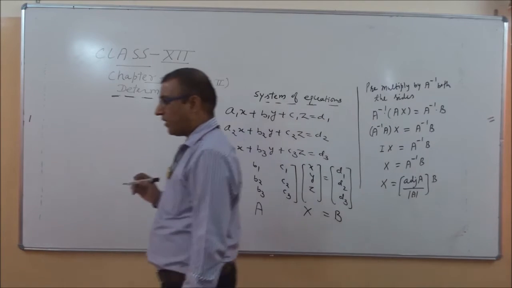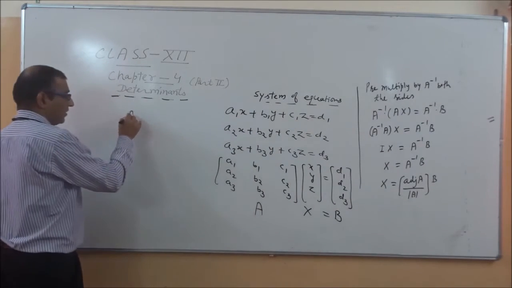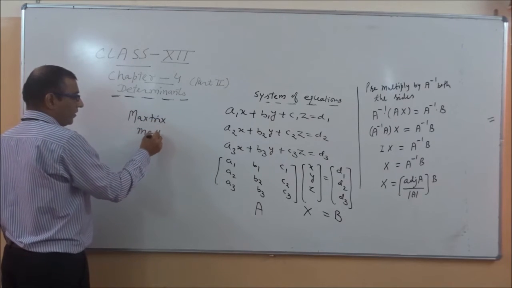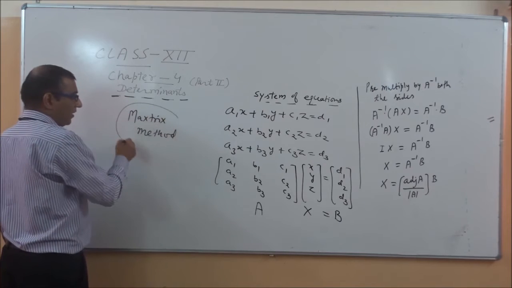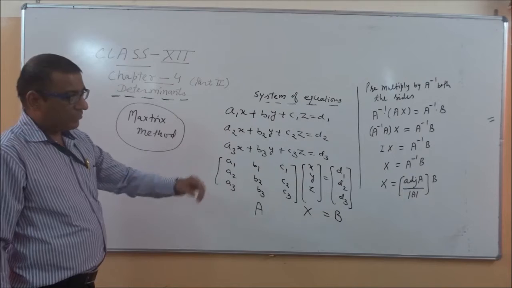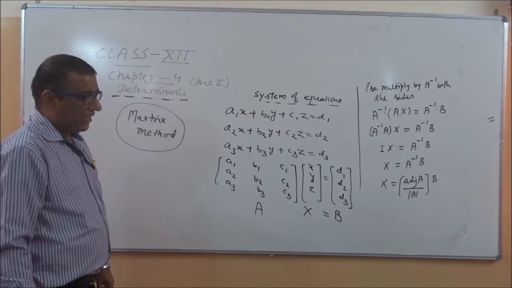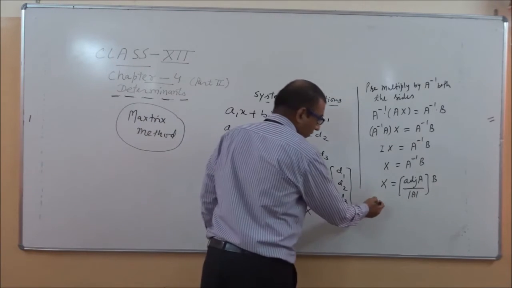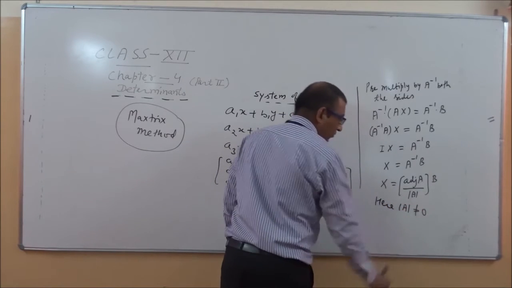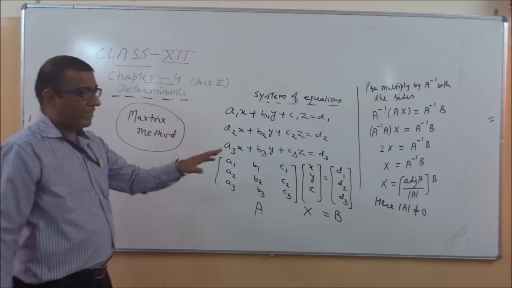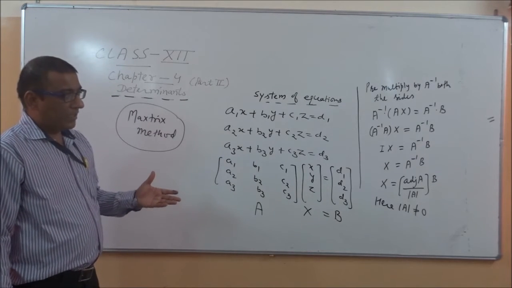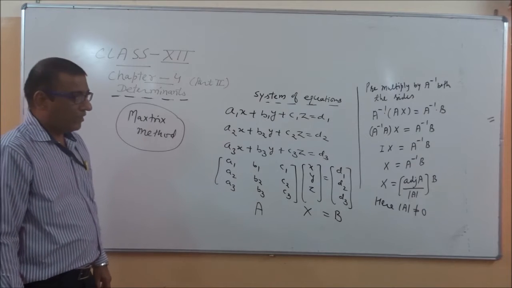So this type of concept is known as the matrix method. It is one of the important concepts. X equals adjoint A upon determinant A into B. Here we can say determinant A is not equal to 0, because if determinant A equals 0, then the inverse of the matrix is not possible.